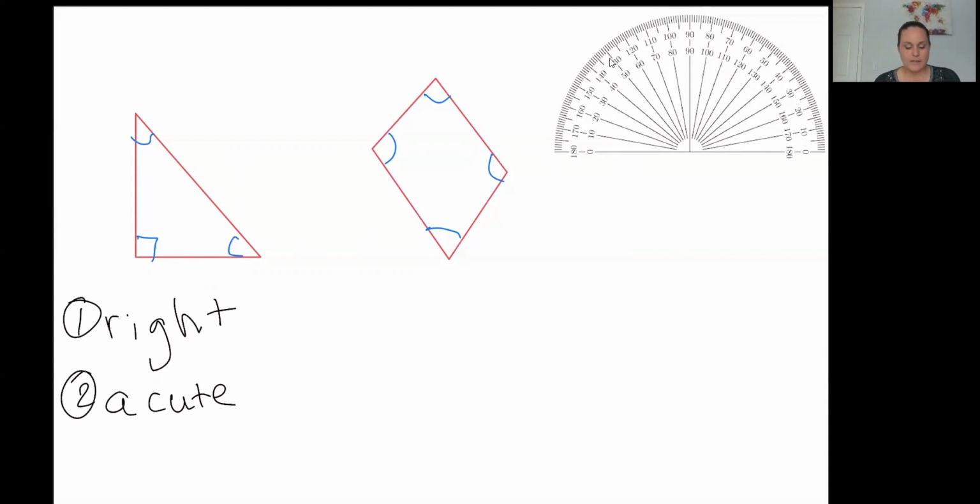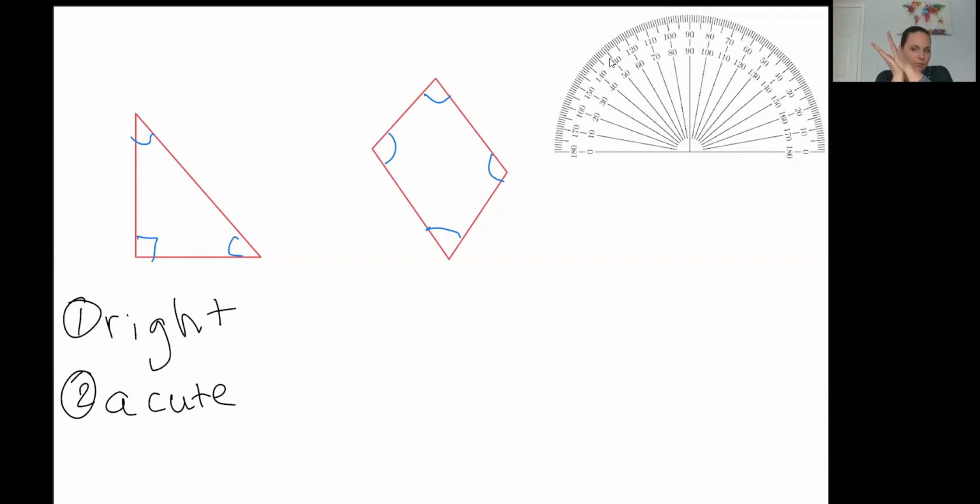Then if we take a look at our rhombus over here, I'm as close as I could get to the rhombus, I'm sorry. We can see that these 2 angles are kind of similar. If we look at that bottom angle as an example, they're kind of scrunched like that. But if we look at the side ones, they look like they're more like this. So if we look back at our notes, we can get an idea of what those types of angles are.